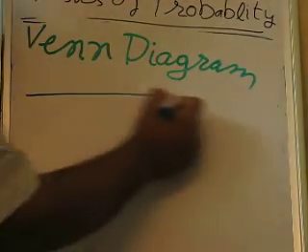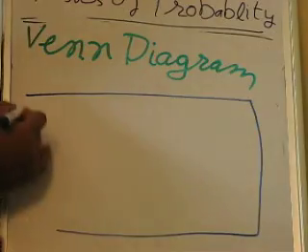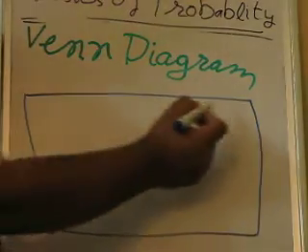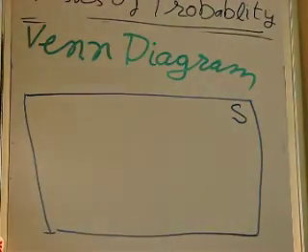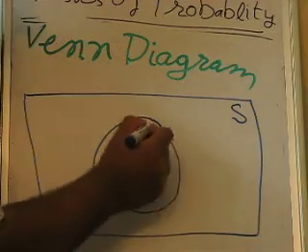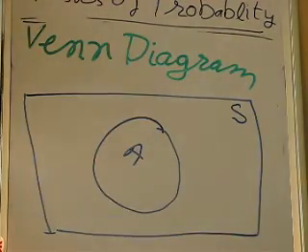If you want to draw a Venn diagram, you draw a rectangular box. This is referred to by S, the sample space. It will contain all the points, the possible outcomes that can happen for a random experiment you are performing. If you have one event A, you draw a circle to denote the event.